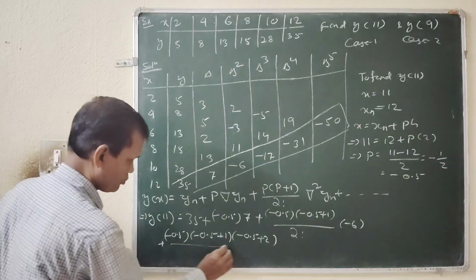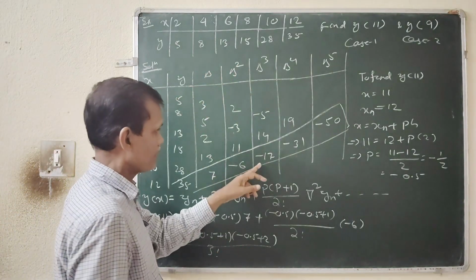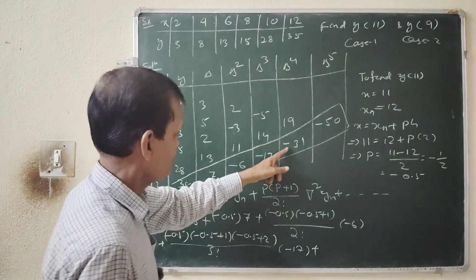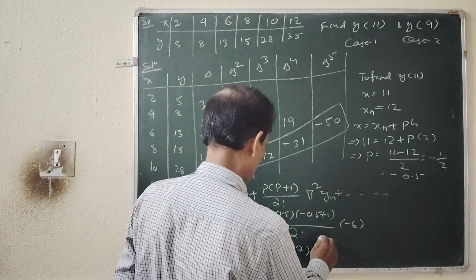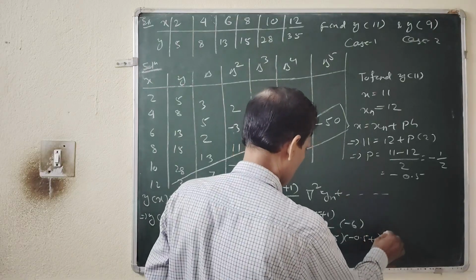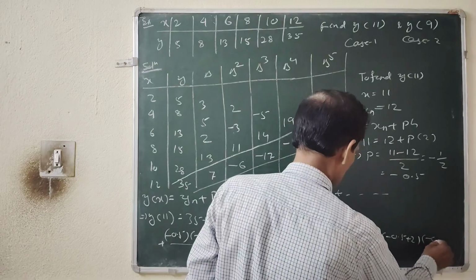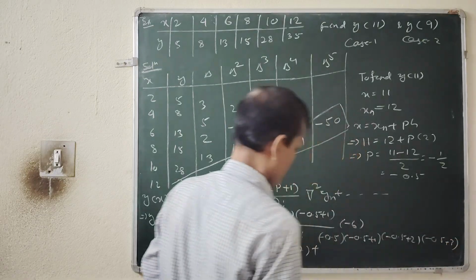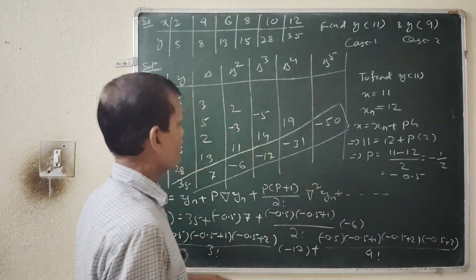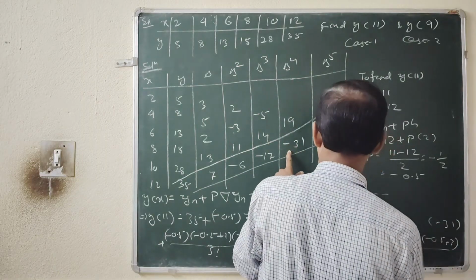We have written 3 terms, so in the denominator that is 3 factorial, and you write backward delta cube, that is minus 17 plus. Similarly, you write for this term, minus 0.5 into minus 0.5 plus 1 into minus 0.5 plus 2 into minus 0.5 plus 3. You have written 4 terms, then divided by 4 factorial. Then you write the backward difference, that is minus 31.